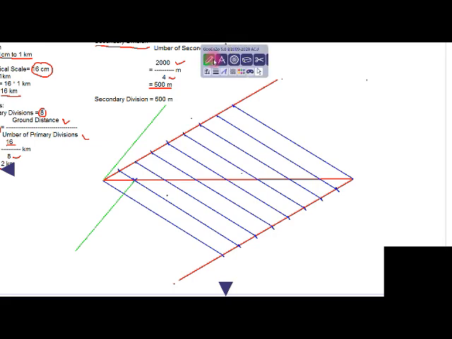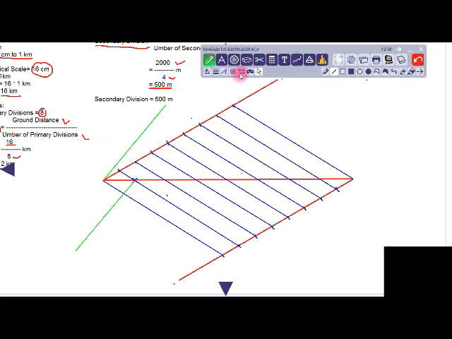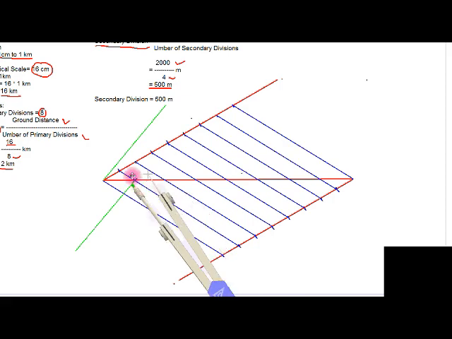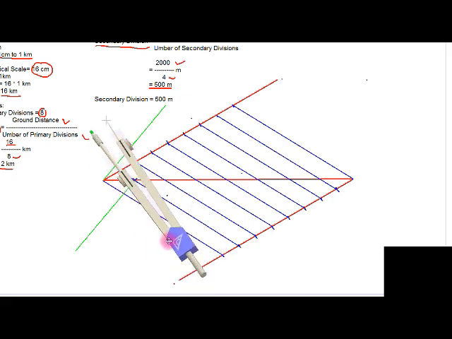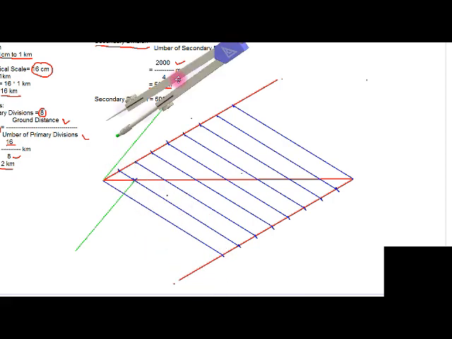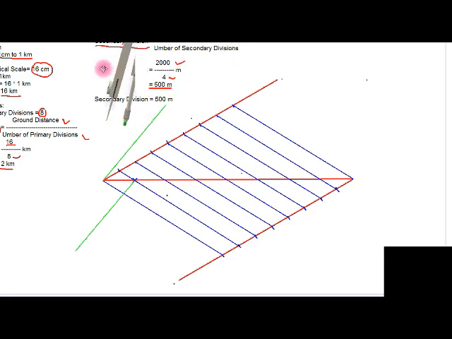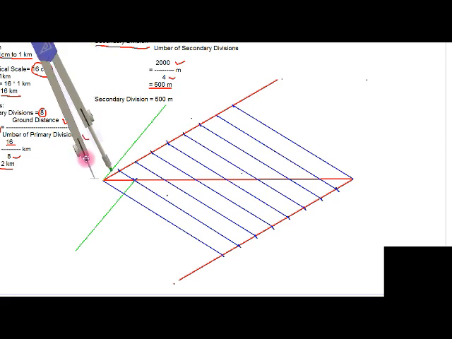Now these are the new diagonal lines in a green color. Now again we have to divide the first of our expected secondary divisions, and obviously these are 4, as we have decided that our secondary divisions will be 4, right?